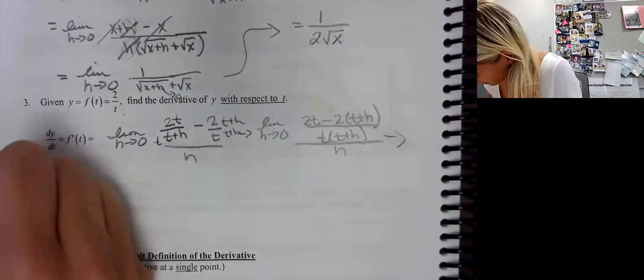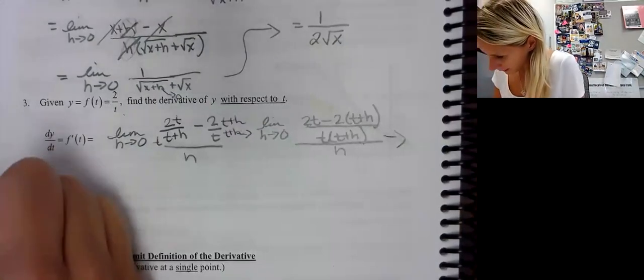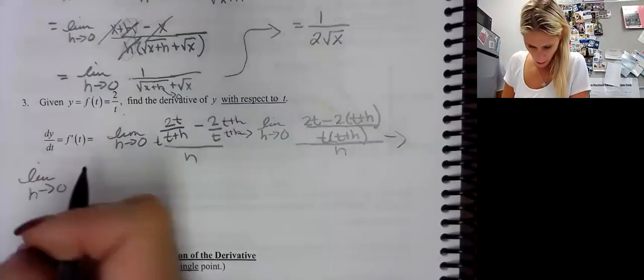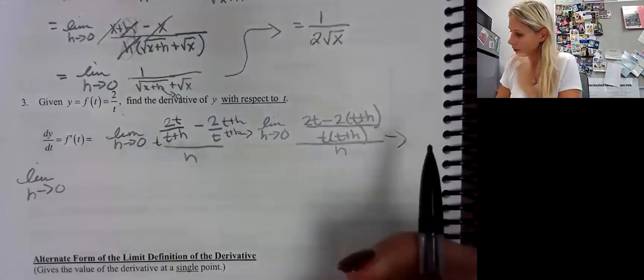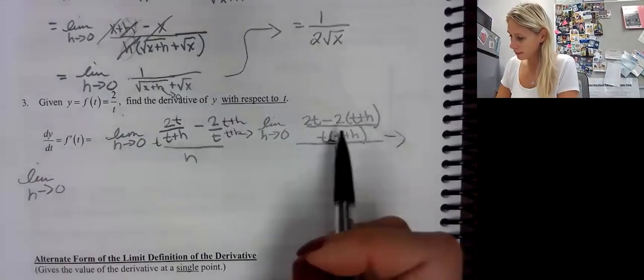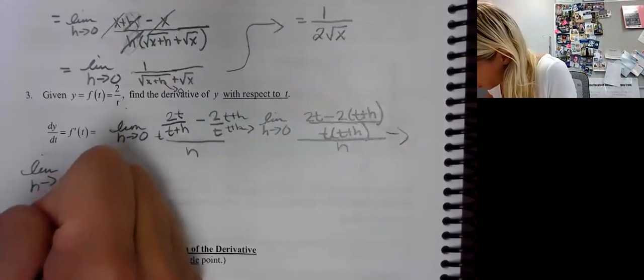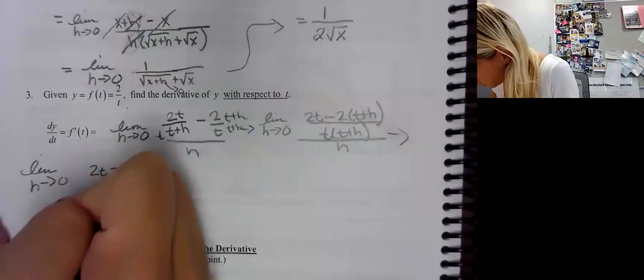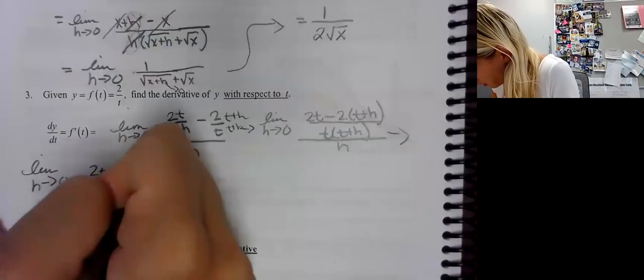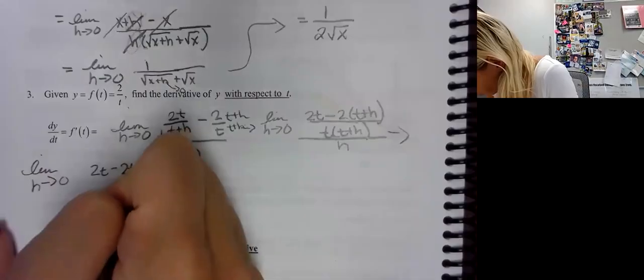So I have limit as h approaches 0. Now, remember that, first of all, I'm going to do that distributing right there, right? So I'm going to say 2t minus 2t minus 2h.